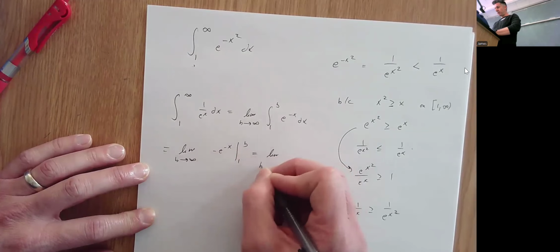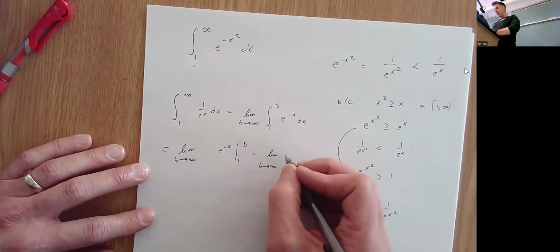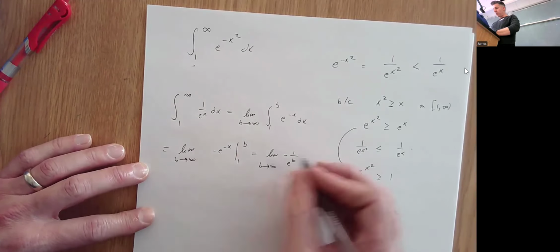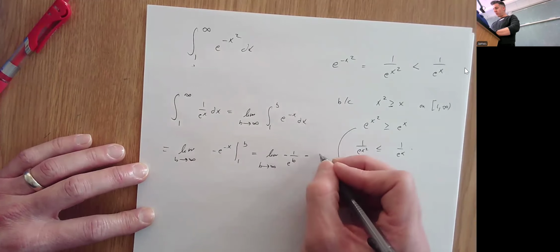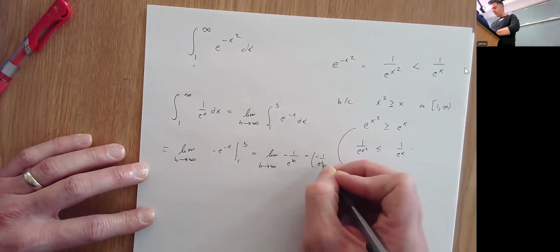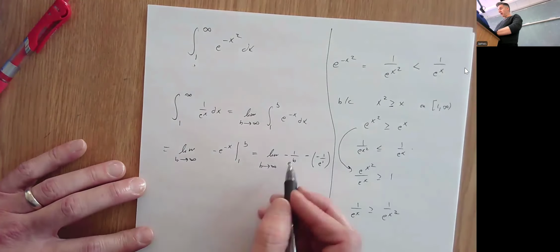Rewrite it as the limit as b goes to infinity. Instead of negative e to the negative b, I'm going to write it as negative 1 over e to the positive b, minus negative 1 over e to the first. And then as b goes to infinity, 1 over e to the b goes to 0.